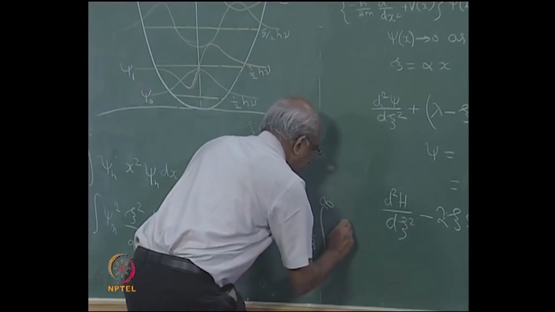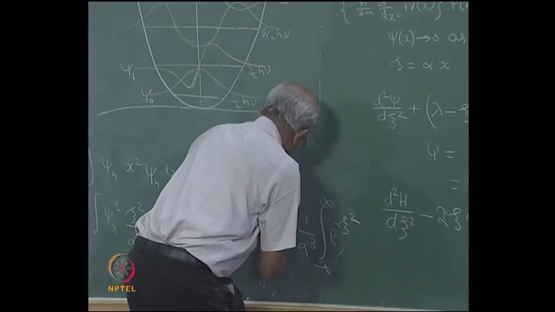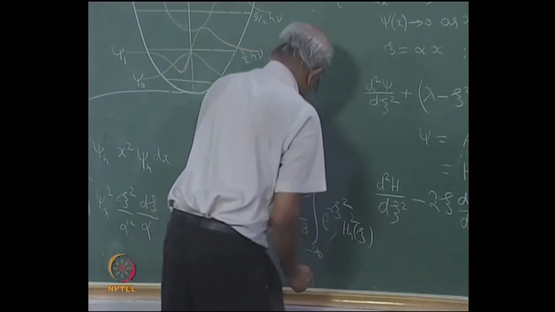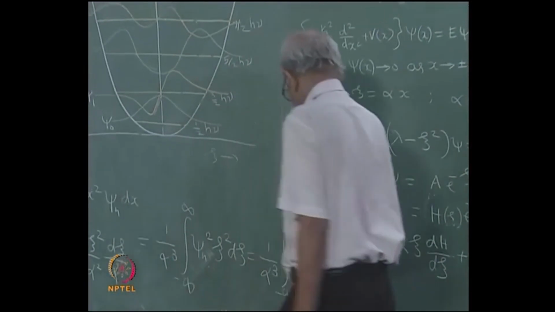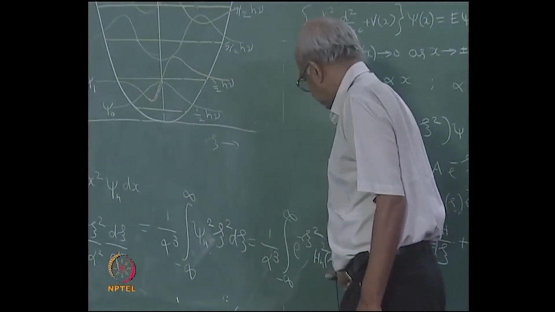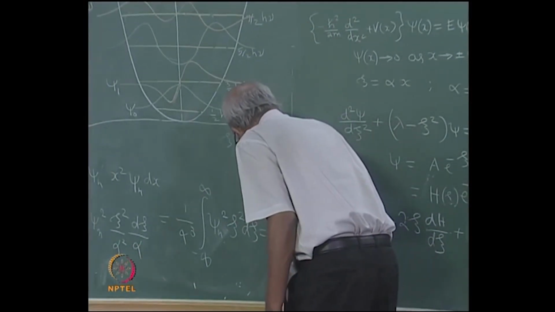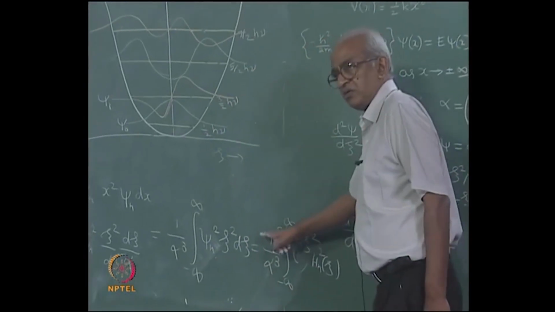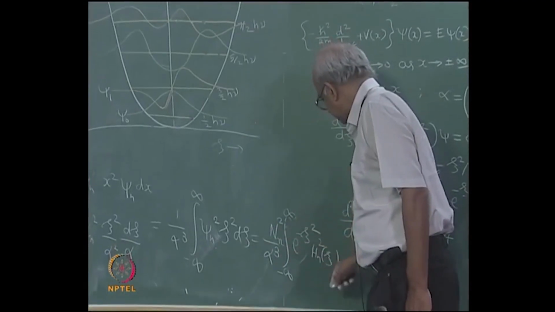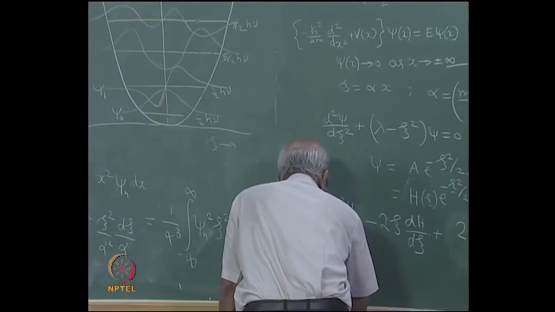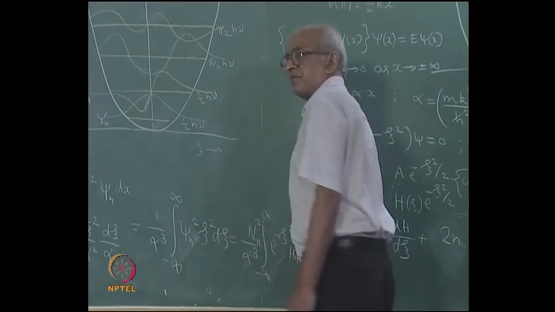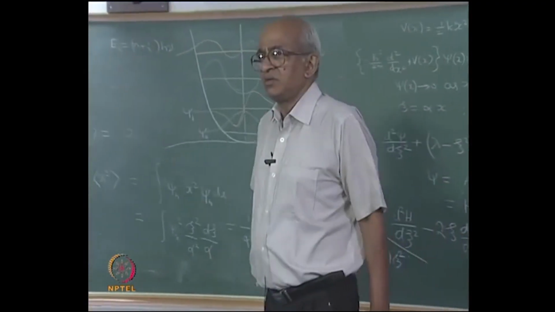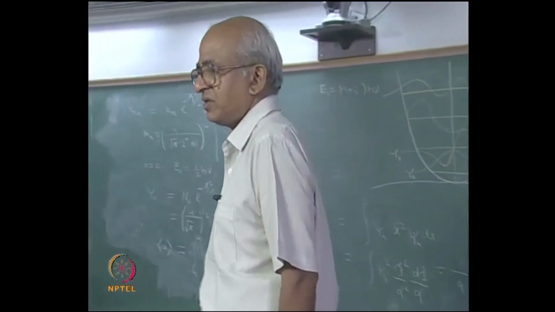It is actually e to the power of minus c square, H n c square. This is just psi n square. There must be a normalization factor which you will write as N square. Normalization factor has to be there, then you will get this, and this is multiplied by c square. That is the integral that you will have to evaluate.